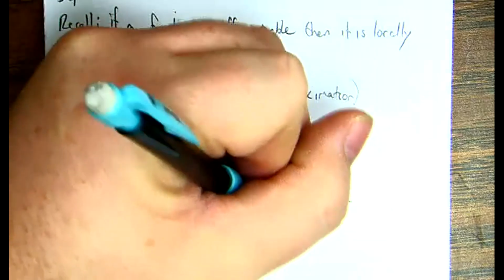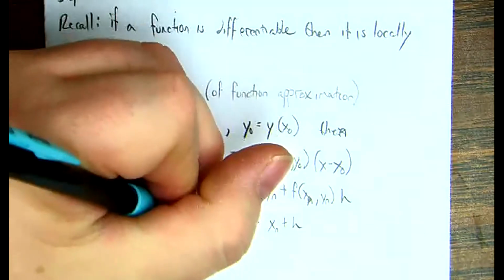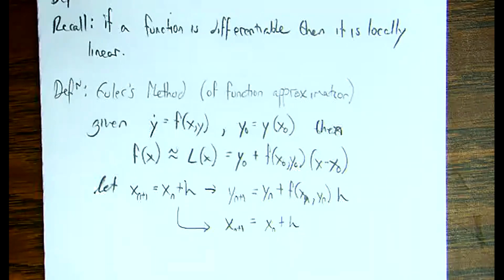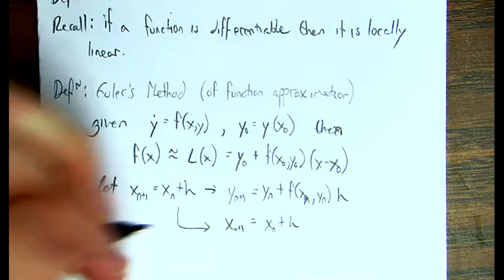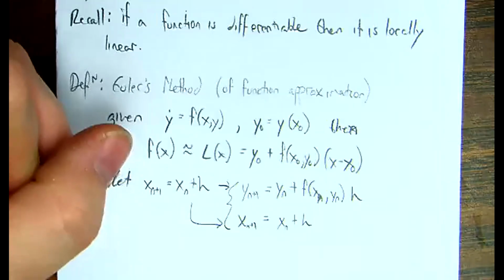And it goes without saying, hopefully, that our new x value is just our previous x value plus h, right? So these are our equations, which will allow, through each step that I take, to update what is the new x value and what is the new y value. And then I can continue making those steps.